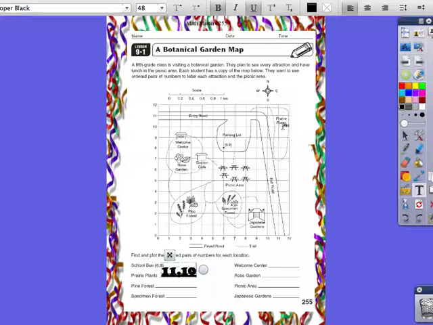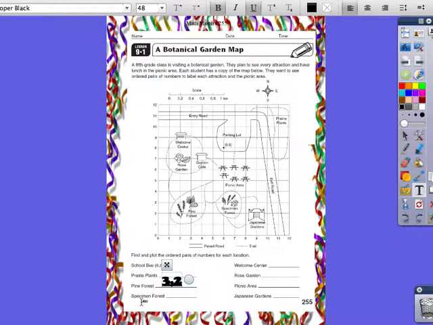Looking at the pine forest, let's go right to this vertex. And remember, we've got to move over first, so we go 3 and then up 2. As long as your answers are near that, you are correct.